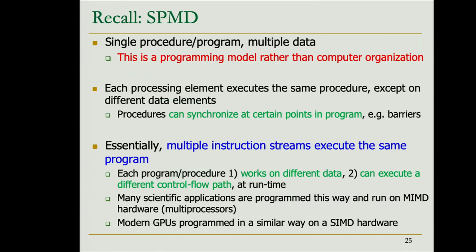Okay, so recall this single program, multiple data, or single procedure, multiple data. This is a programming model rather than a computer organization. We were talking the other day about this. We are going to have multiple instruction streams executing the same program, and each program or procedure is working on different data and can execute a different control flow path.